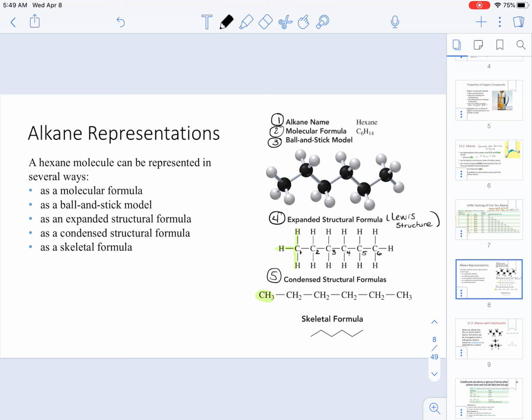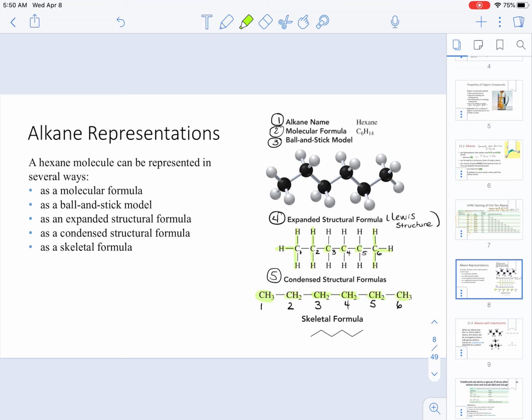I'm going to now number the carbons so it makes more sense. Carbon number 2 is bonded to 1, 2 hydrogens. That's why it becomes a CH2. The same thing is going to happen with carbon 3, carbon 4, carbon 5. They are all CH2s. And as you can see, carbon 6 is bonded to 1, 2, 3 hydrogens.